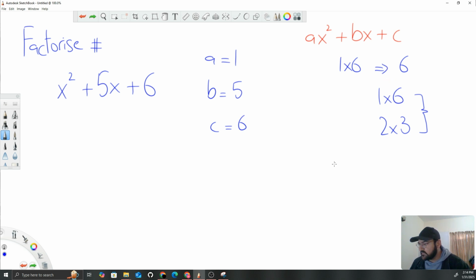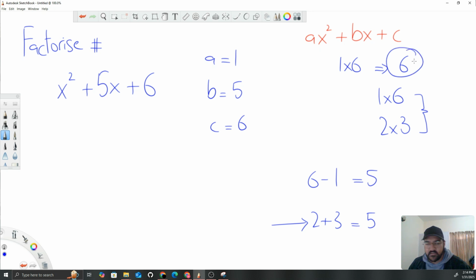If you choose 6 minus 1, you get 5, which is the middle term, and 2 plus 3 equals 5 as well. So I think the most appropriate would be 2 plus 3, because the product of 2 and 3 is positive 6, while 6 and negative 1 gives negative 6. We are looking for the pair giving the product positive 6. Okay, so this makes sense so far.